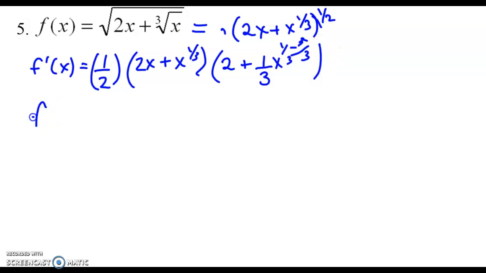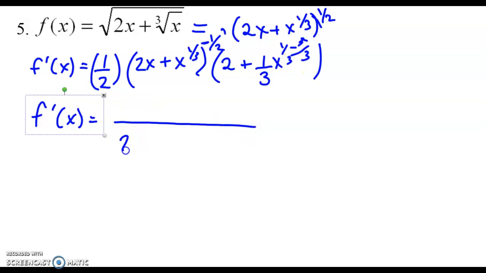Okay, and if we simplify that, it looks like a mess. And I forgot the exponent right here, which would be a half minus 1, which would be negative a half. Okay, so, we've got a 2 in the denominator, and this is in the denominator because of the negative half.